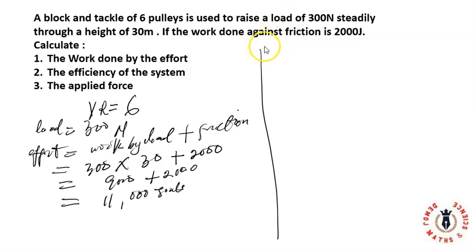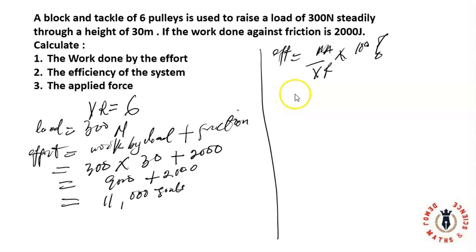Our second question demands that we calculate the efficiency of the system. Remember from our last lesson that efficiency is the same thing as MA all over VR times 100 in percent.